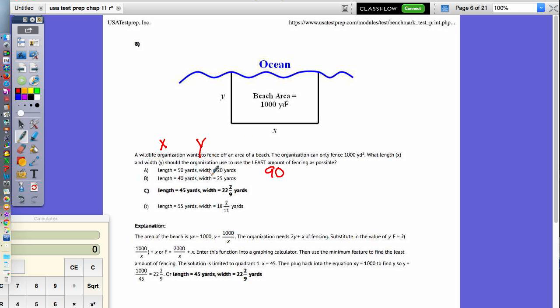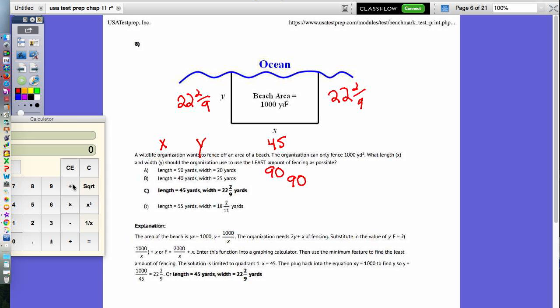If I have a length of 40 and a width of 25, length of 40 plus 25 plus 25 is also 90. For the next one, length of 45 yards, so 45 is here, and this is 22 and 2/9.